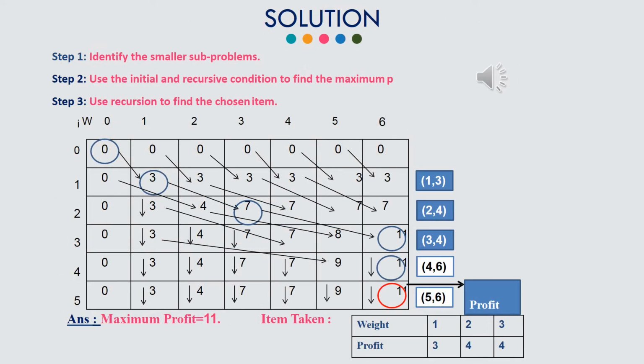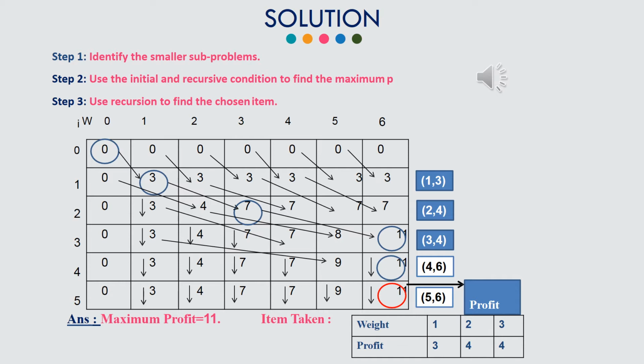Here I am going to solve the problem and find the maximum profit. We have two parameters, weight and profit. We have weights 1, 2, 3 and so on, and for weight 1 the profit is 3, for weight 2 the profit is 4, and so on.